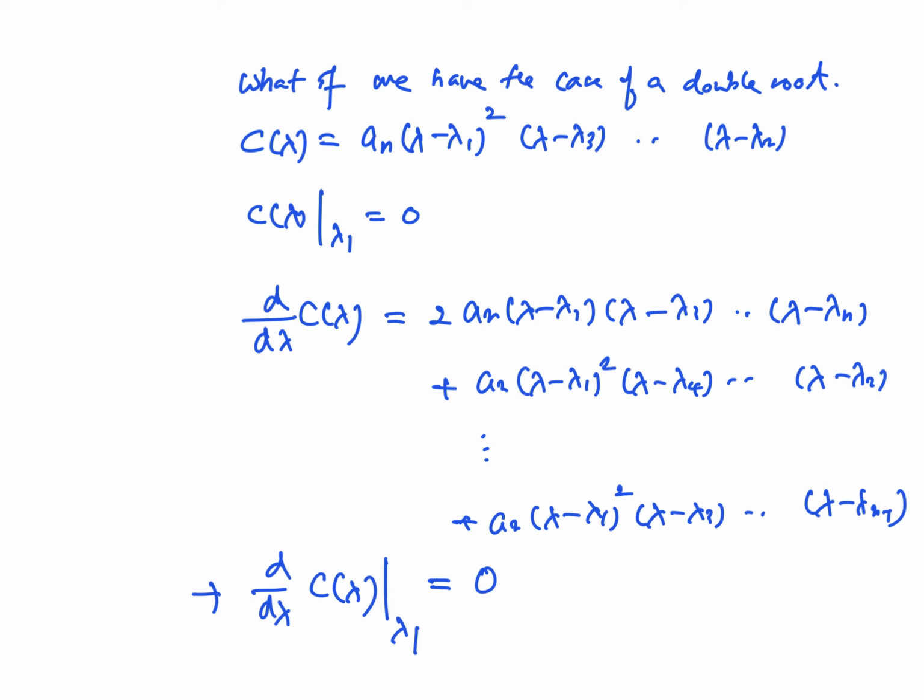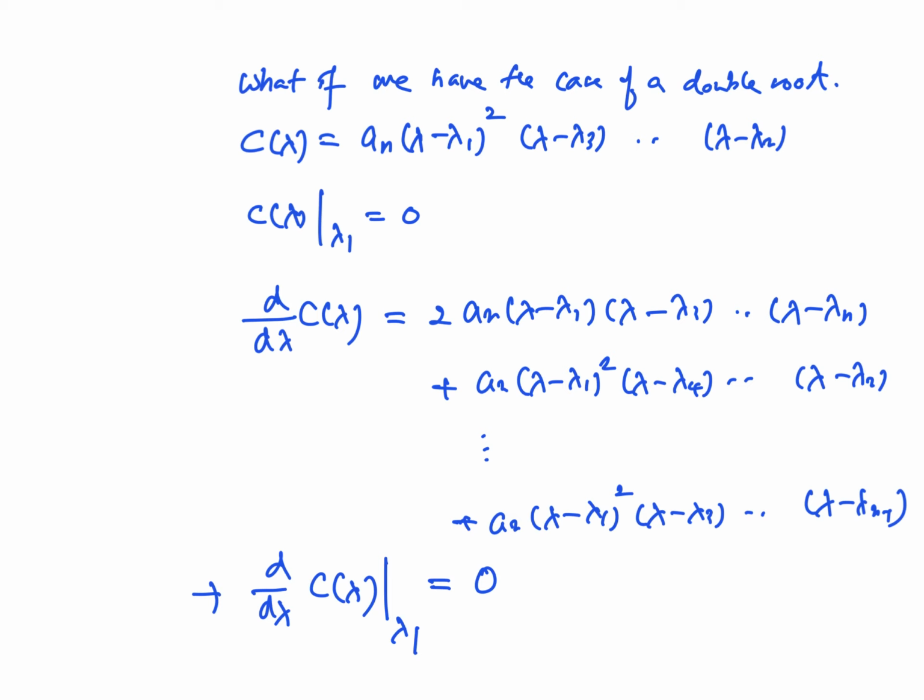So if you go back to the original equation, I will just give you time to copy. So we have a differential operator. When you substitute lambda as lambda 1, this is 0.